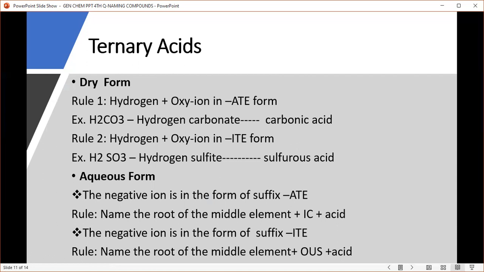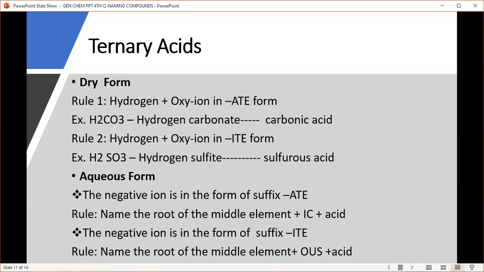Okay, so for example, we have here H2CO3. So H2CO3, that's the chemical formula. So how do we name that? First is just simply to write hydrogen. This is in dry form. And then write the name of our polyatomic ion.